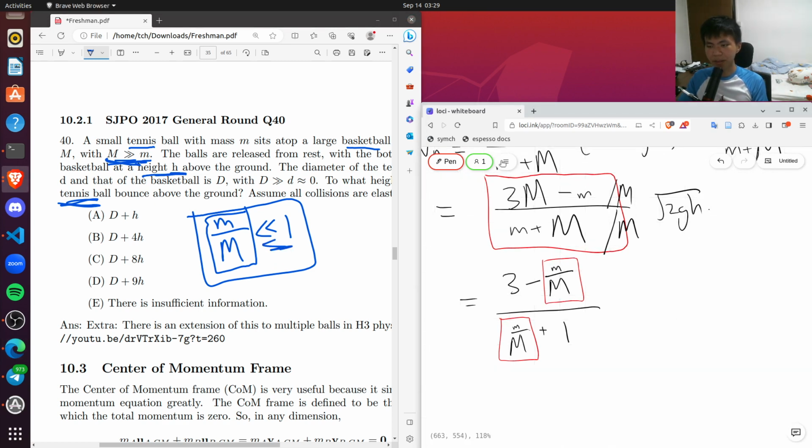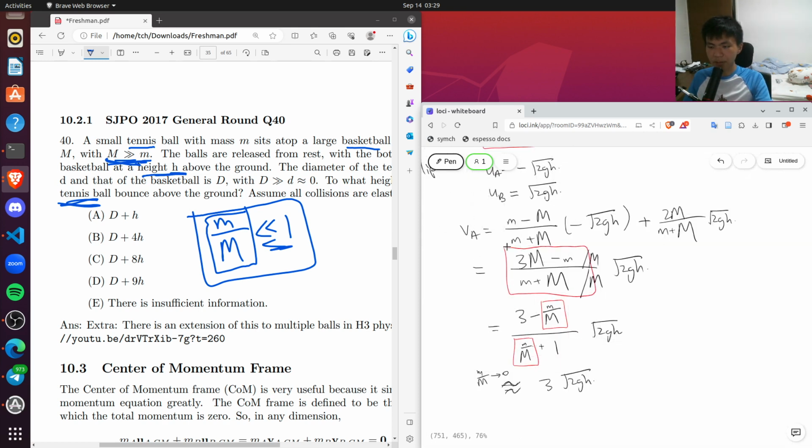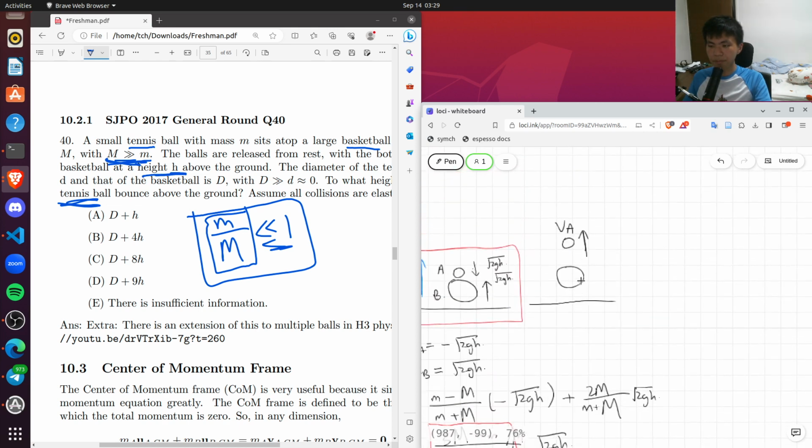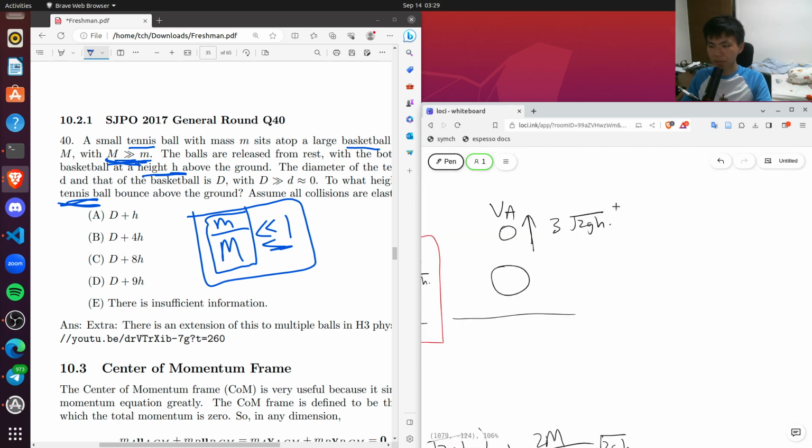Not forgetting our square root 2gh over here, in the limit where m over big M approaches 0, this is just 3 over 1 times square root 2gh. So we now know that the final velocity of the tennis ball is 3 square root 2gh. Not square root 3, but 3 square root 2gh. Okay, so this is the final velocity VA.